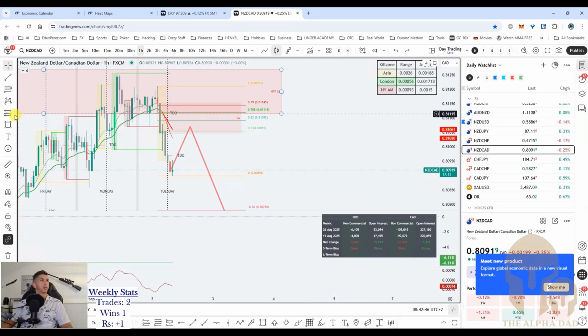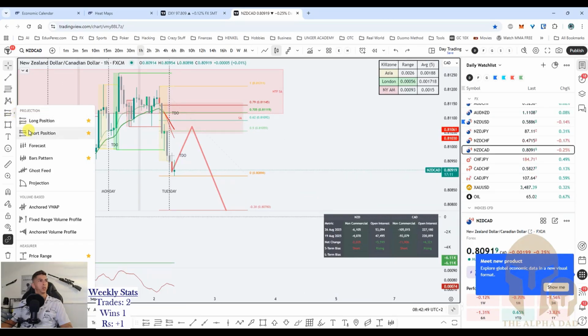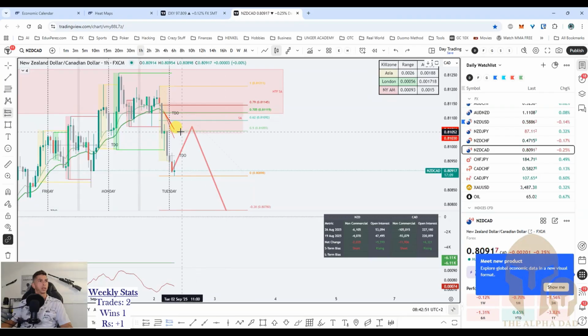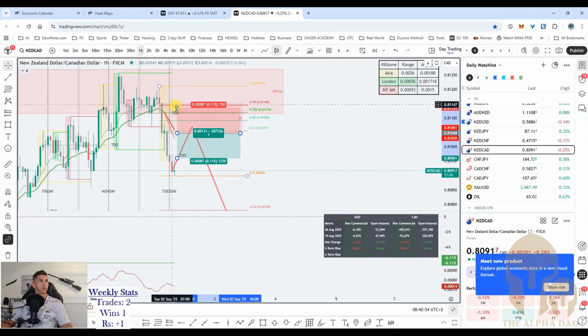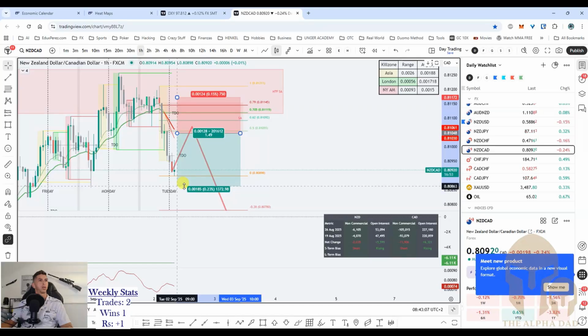So our trade would be something like this. No, not all the way up there. 12 pips. That's our trade.